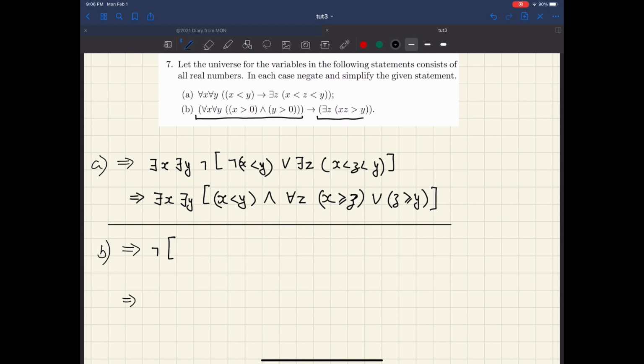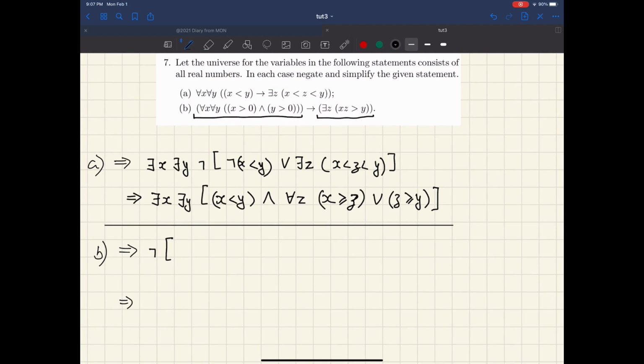This is one part, and after the implication is another. So when you open the implication, it would be not of the whole left side, which is for all x, for all y, x greater than 0 and y greater than 0, or not of for some z, xz greater than y.